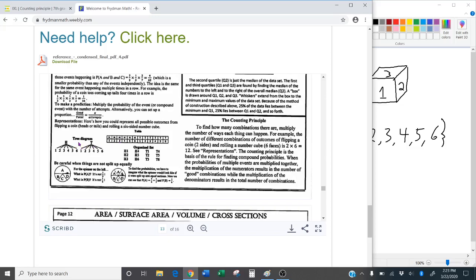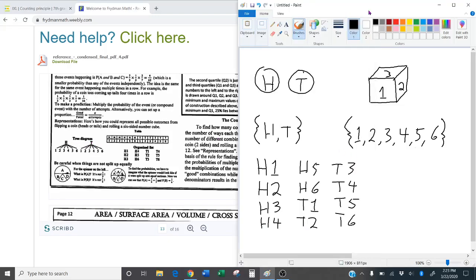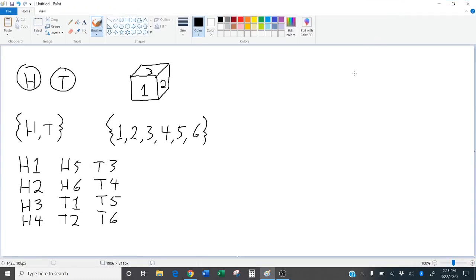You could also make a tree diagram. You can see over here, you can say heads, tails. I'll do it over here a little bit bigger. If I wanted to make a tree diagram listing all the possible outcomes, then I could get heads if I flip the coin, and after I get heads, I could roll a 1 or a 2 or a 3 or a 4 or a 5 or a 6.